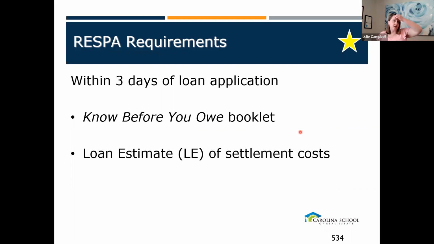So they're not sending secure information via email, but they are sending you notification that something is there. And that's what we got, this Know Before You Owe booklet and this loan estimate. That software from the lender allows them to see stuff like, when did the borrower access the documents? When did they log on? When did they see it?